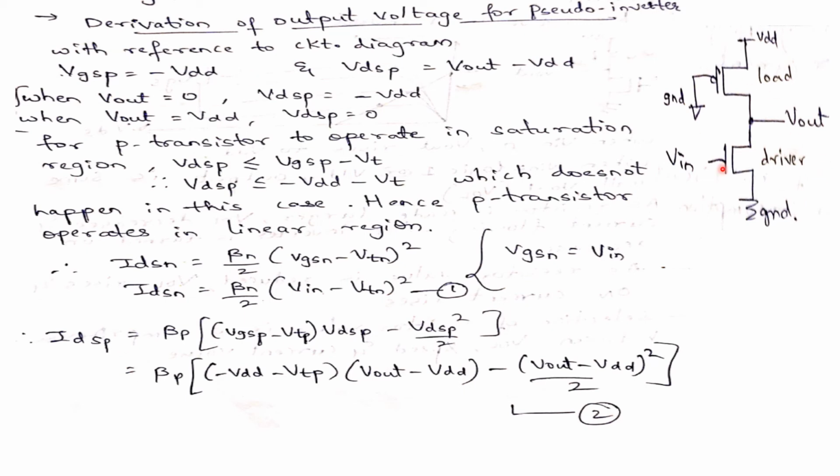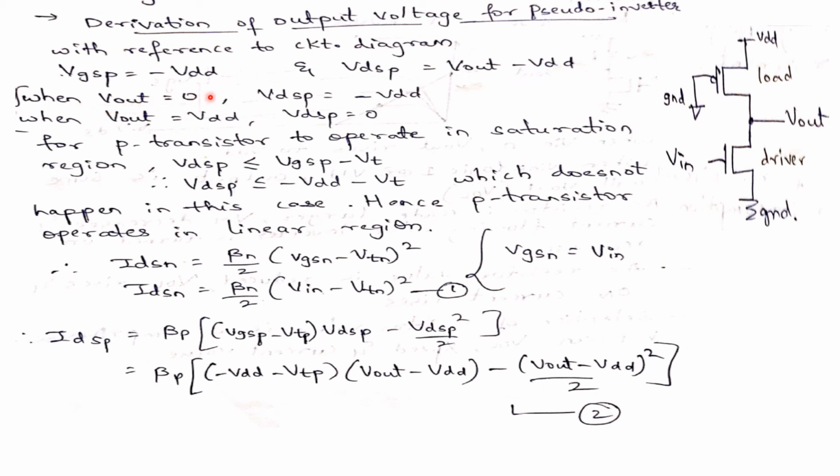So if you observe the circuit, VGS for the PMOS device is VGSP equals VG minus VS. The gate voltage for PMOS is 0, the source voltage is VDD, therefore VGSP is minus VDD. And VDSP is the drain voltage of PMOS minus the source voltage of PMOS. The drain voltage for PMOS is Vout, the source voltage is VDD, therefore VDSP is Vout minus VDD.